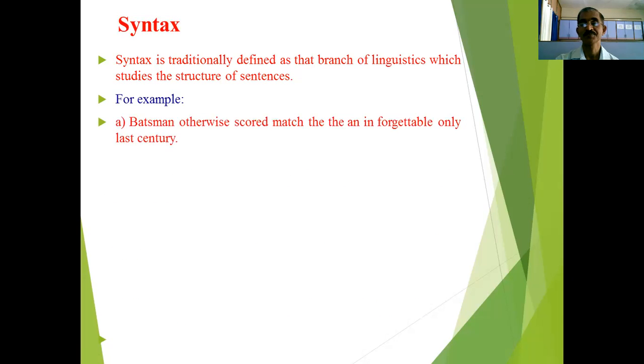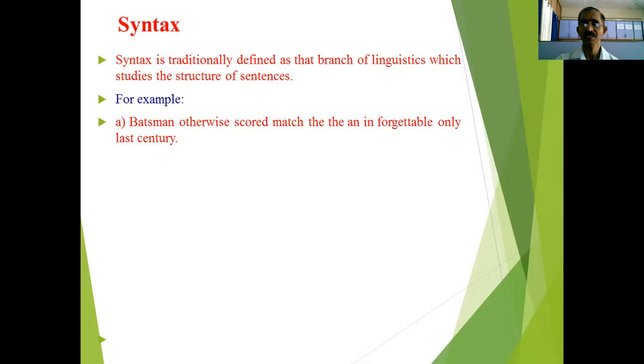For example, look at the first example in A. Can you understand it? Now I read it out: Batsman otherwise scored match the and in forgettable only last century. Did you understand?